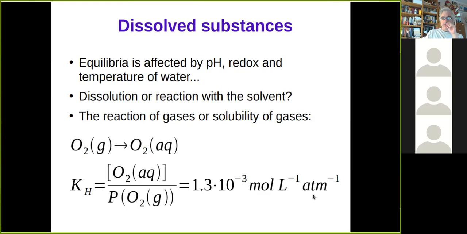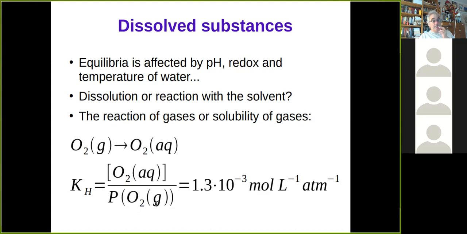Atmosphere and bar are approximately the same unit. It differs by 1% approximately. So don't use Pascal here, because then you would get, as the pressure of oxygen in the surrounding, approximately 0.2 atmospheres, or 20,000 Pascal. And 0.2 is a bad approximation to 20,000.